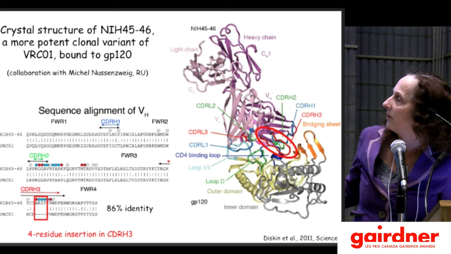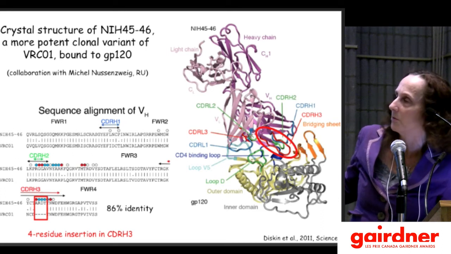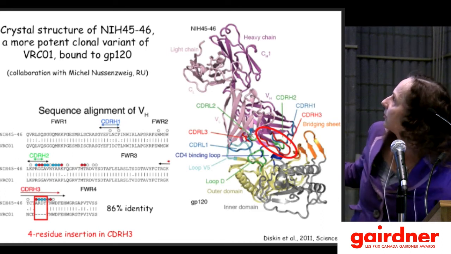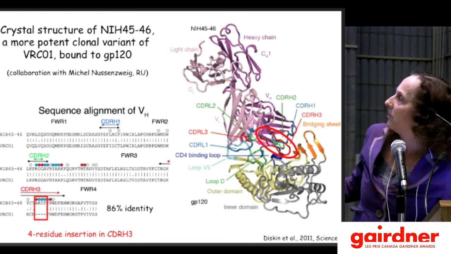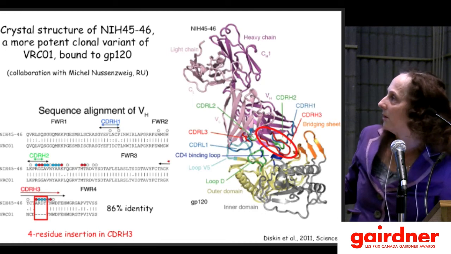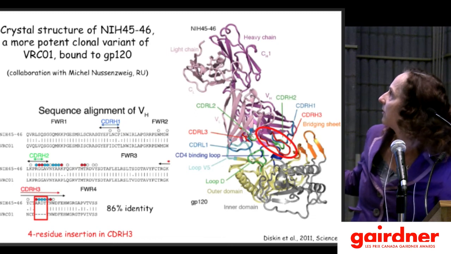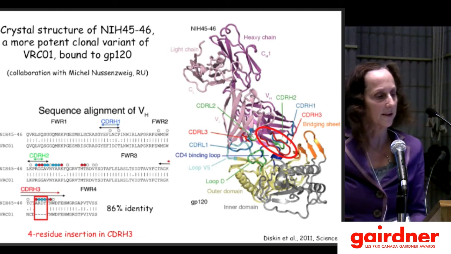The answer was an insertion in the 3rd hypervariable region of the antibody. That insertion is right here, so we knew that from grafting experiments onto both of the antibodies. So that's the reason it's more potent, and that's structurally the reason right there.